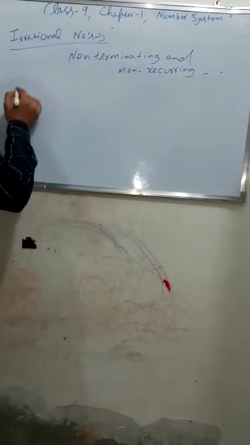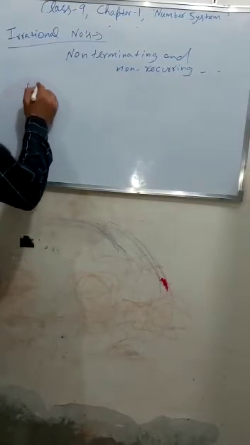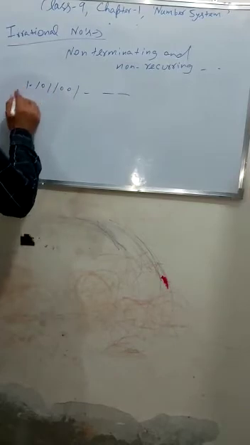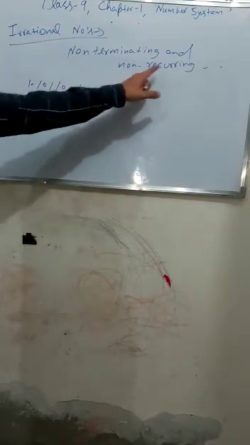For example, if we take 1.101001 and so on. What do we observe here? They are non-terminating, they are not stopping after the decimal, and non-reoccurring. That means the digits are not repeating.